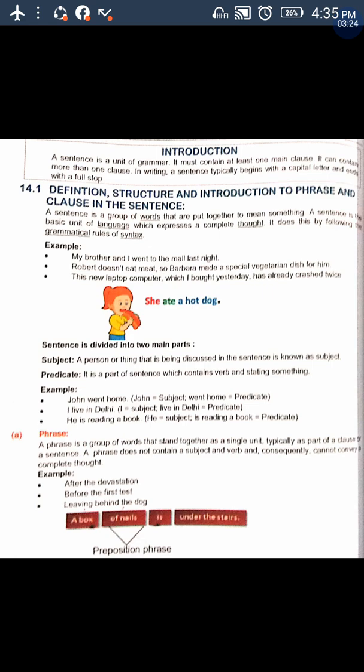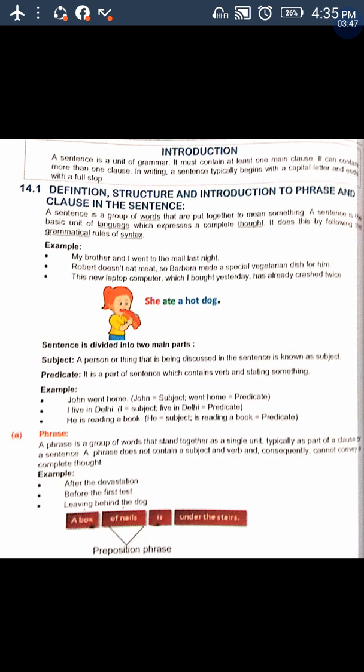These 3 are all groups of words which are standing together as a single unit but do not convey a complete thought to us. Okay? They can all form a part of a sentence.